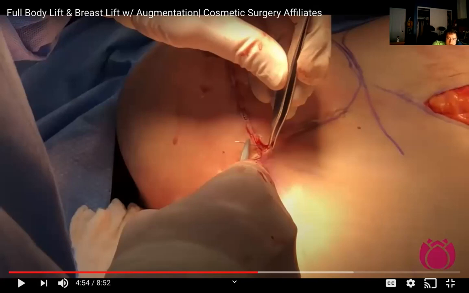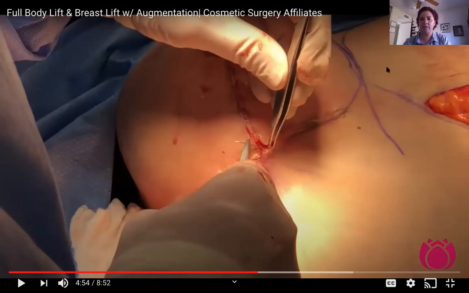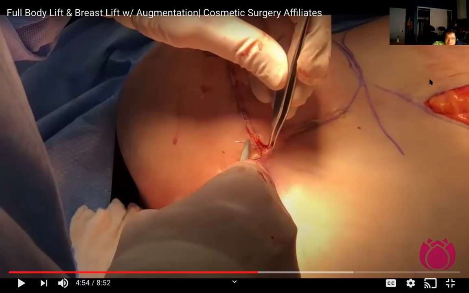What about scarring and all this? The scarring, good surgeons don't leave a scar, Jonathan. I'm just kidding. With plastic surgeons, part of their training is knowing the natural lines of the body and where they can hide incisions so that they will be least noticeable.